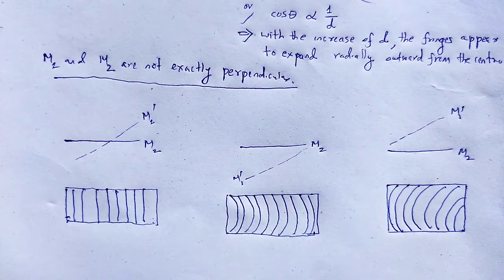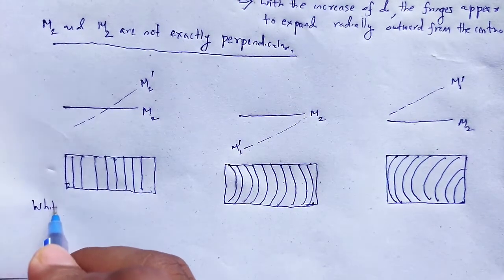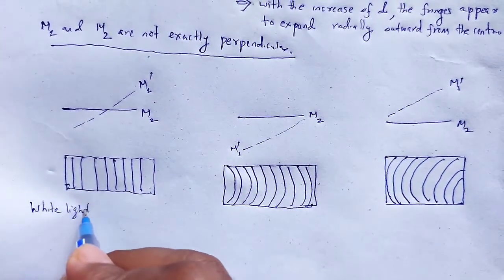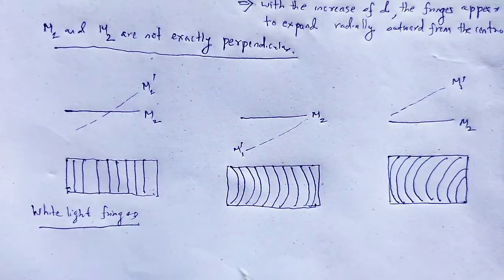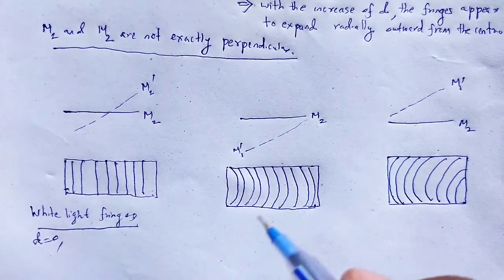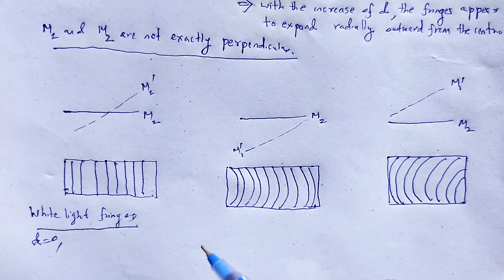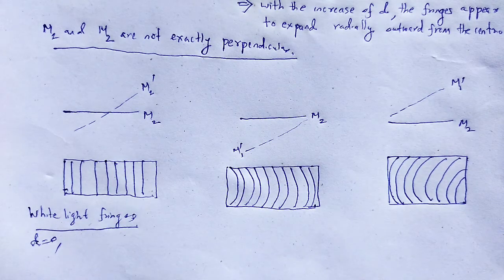Now, when the source is white light, for white light fringes, taking d as 0, there will be a few colored fringes on both sides of the central dark fringe we obtained.